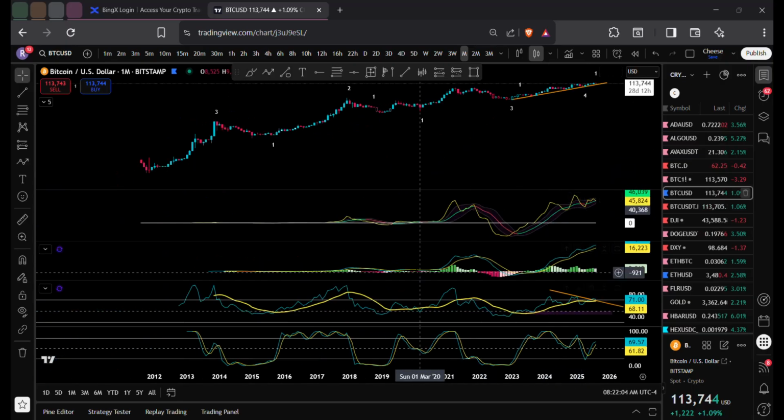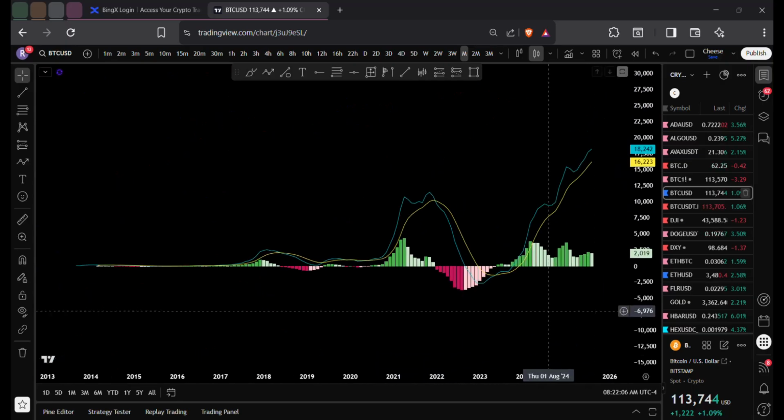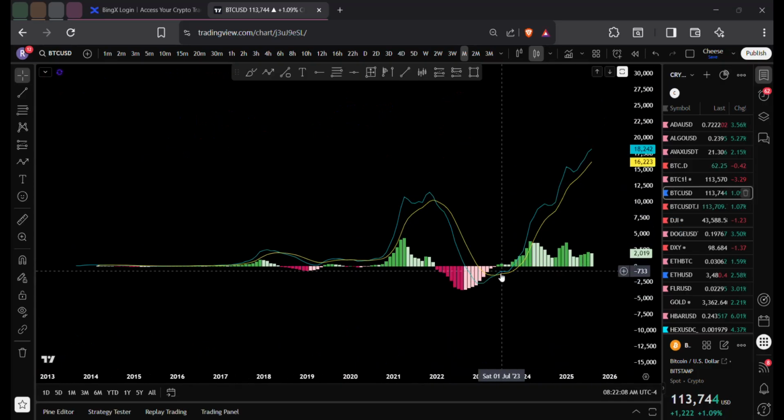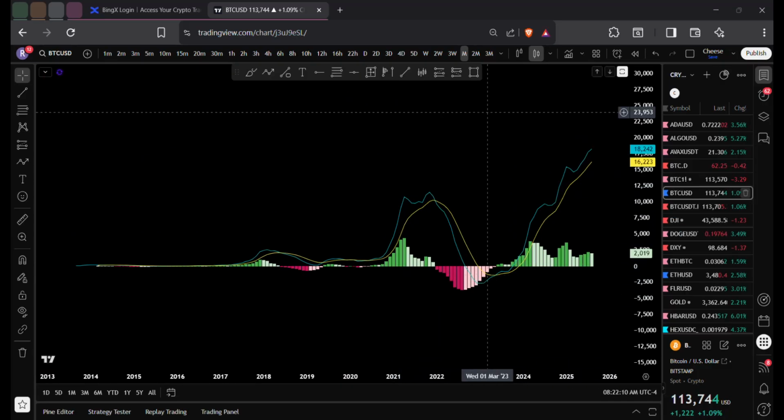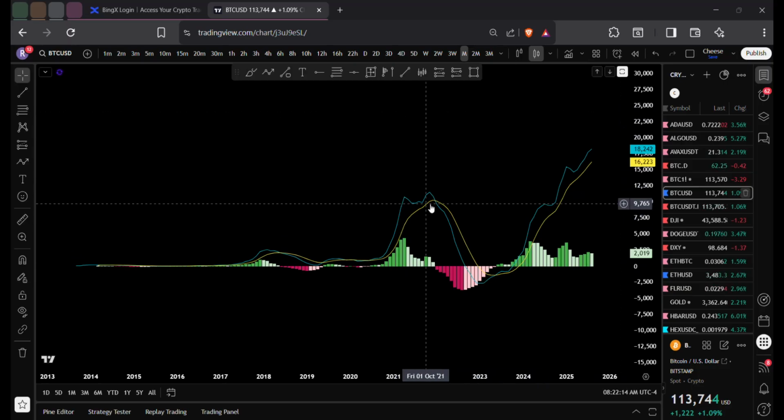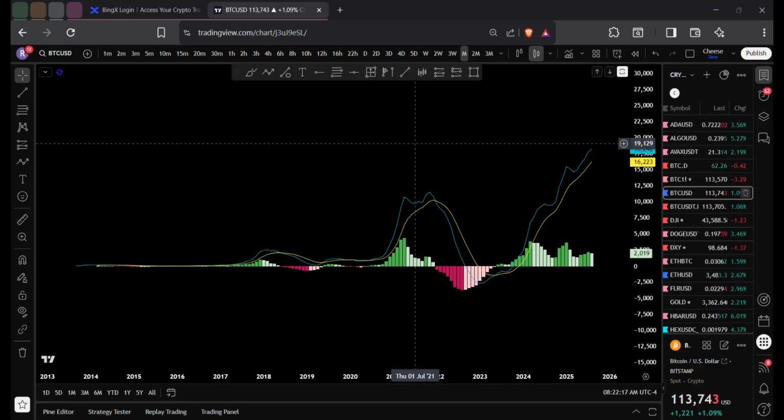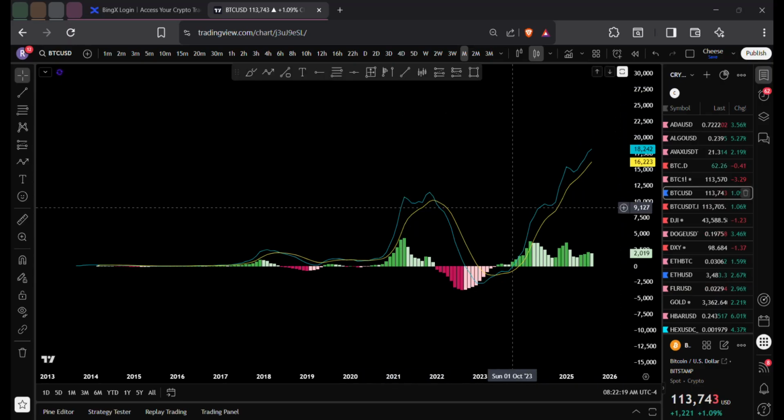So if your MACD is up, right? Up, not down, up, that means your trend lines go up. If your MACD is forming a top, that means your trend lines, okay, let me show you.